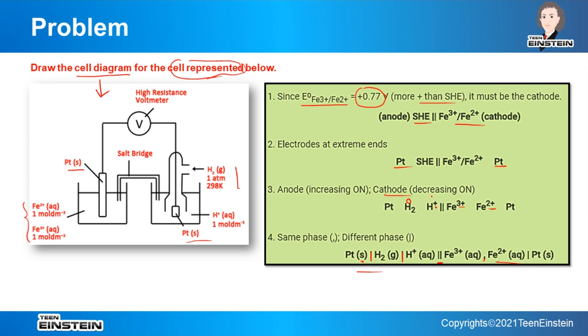Here it decreases because it is accepting electrons, so obviously 3+ decreases to 2+. Finally, if it is the same phase there is a comma, in a different phase there is a vertical sign. So in this way, if a cell diagram is given in the question, you can write the corresponding cell representation, provided these values are given. Okay.